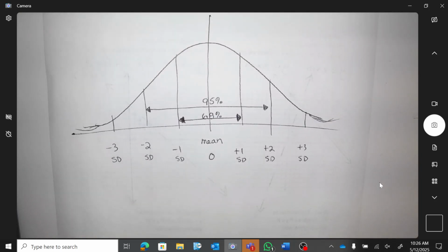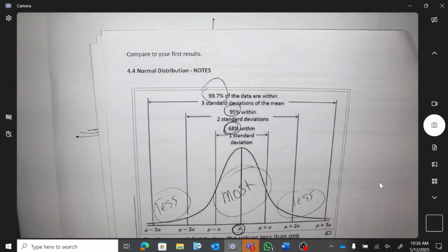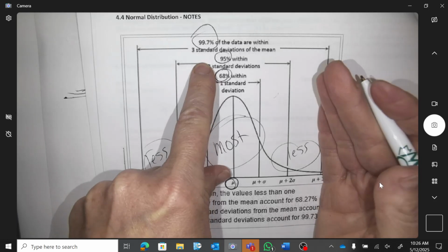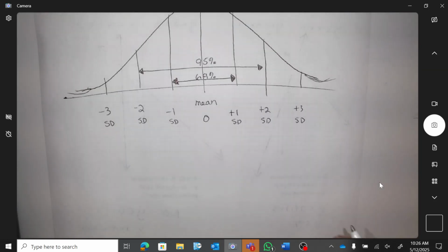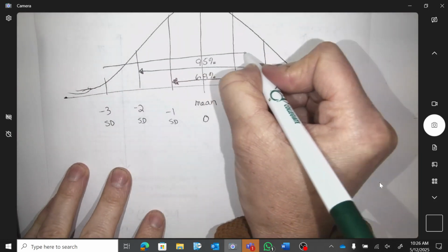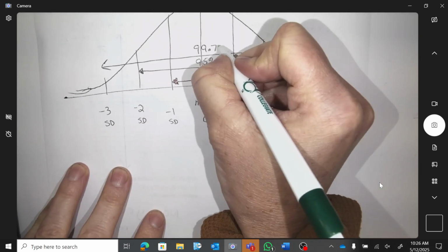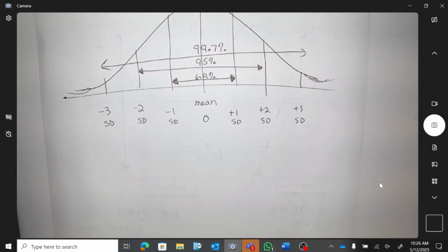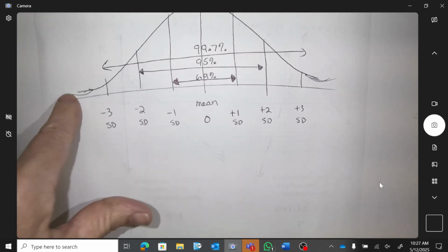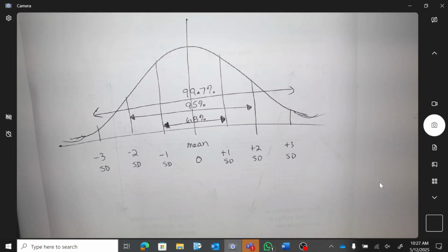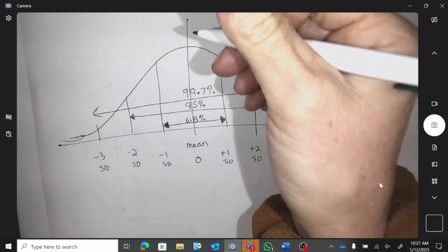Then finally, within 3, 99.7% of your data should be within 3. Okay, so that's not quite 100% of the people. So there's a very, very small amount of people that are exceptionally high and a very small amount that will be exceptionally low. Okay, now we need to write each chunk.